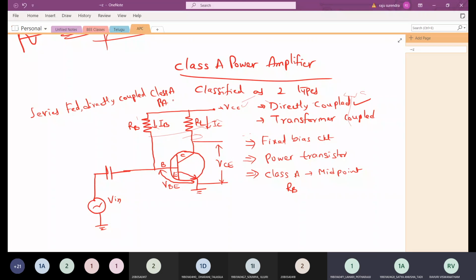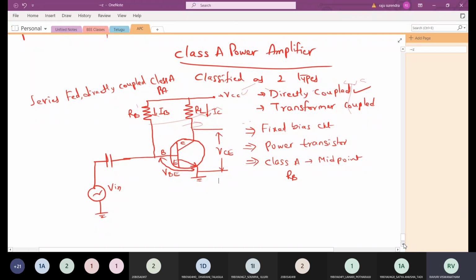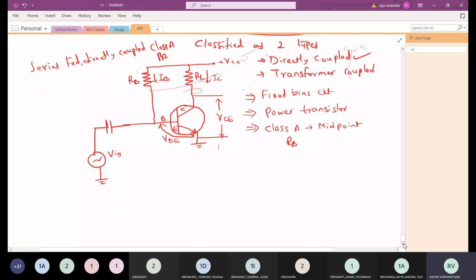Okay. Now we are going to see the DC operation. Apply KVL at the output side.